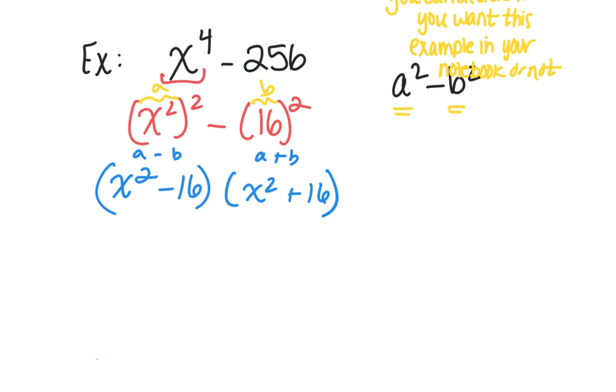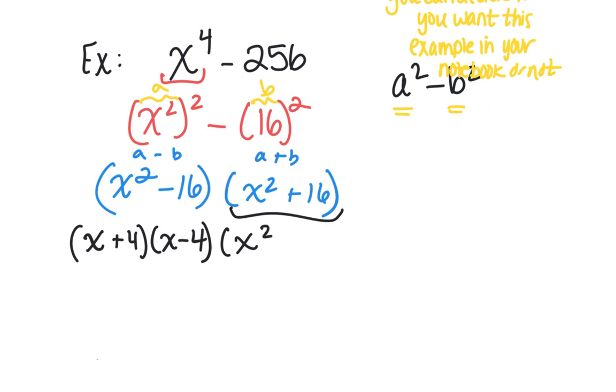This first one, x squared minus 16, that's a difference of squares. So I can take this and say that's the same as x plus 4 and x minus 4. And then there's nothing I can do here, there's no common factors I can divide out, so that just stays as x squared plus 16. And so this is factored completely.